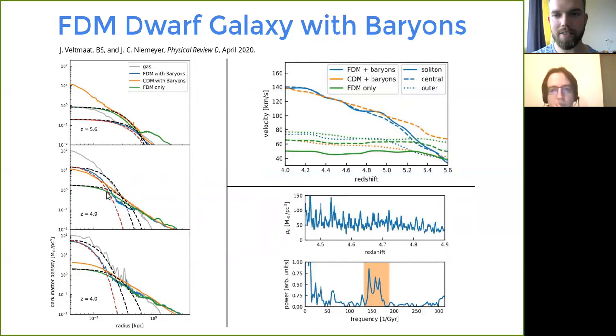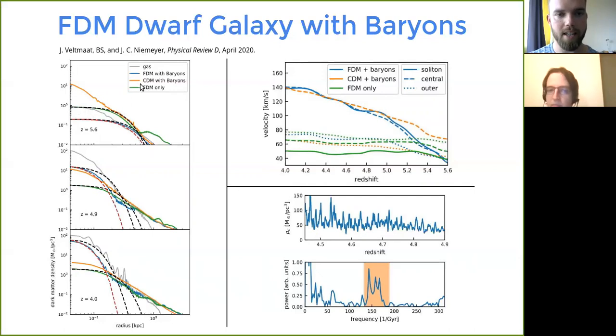So on the left-hand side, I show radial density profiles for the various components. So for the fuzzy dark matter only simulation that we already saw on the previous slide in green, and you can see that for all the shown redshifts here, the inner part can indeed be characterized by this soliton profile, given here as the dashed black lines.